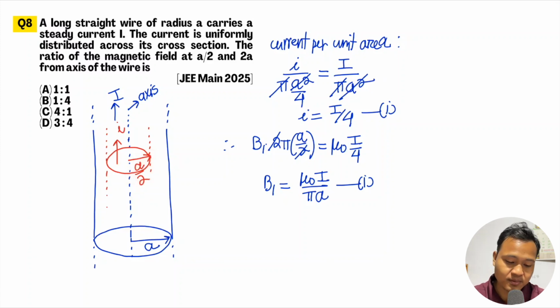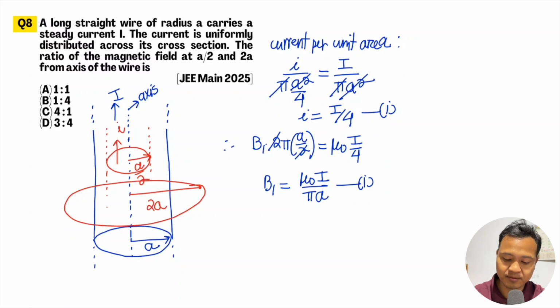Now they ask you for 2A outside. So I have another point 2A outside. Similarly, draw the Ampere's loop here. So the Ampere's loop will be like this. Let's say this is B2 outside here. So here B2 will be what?